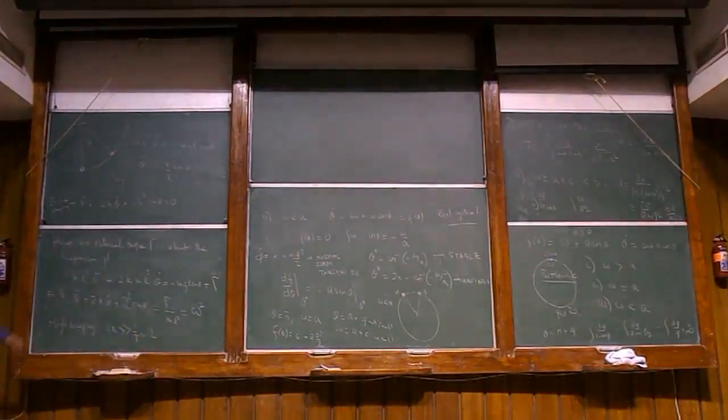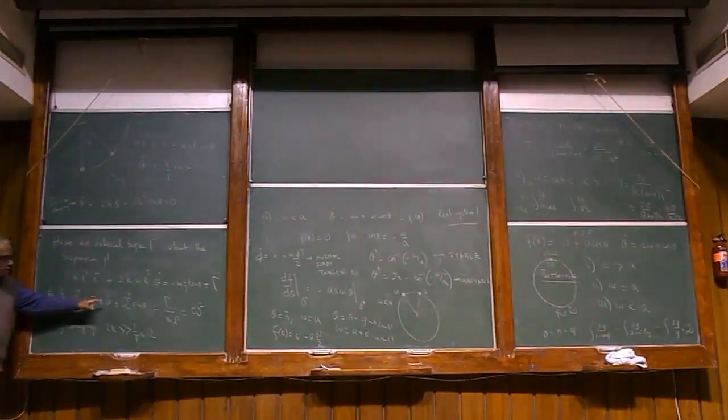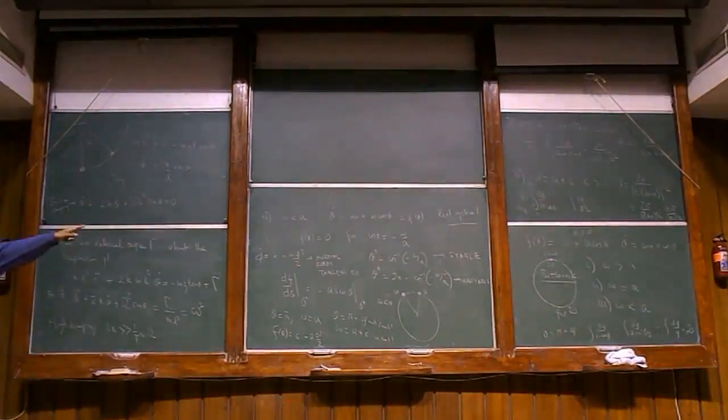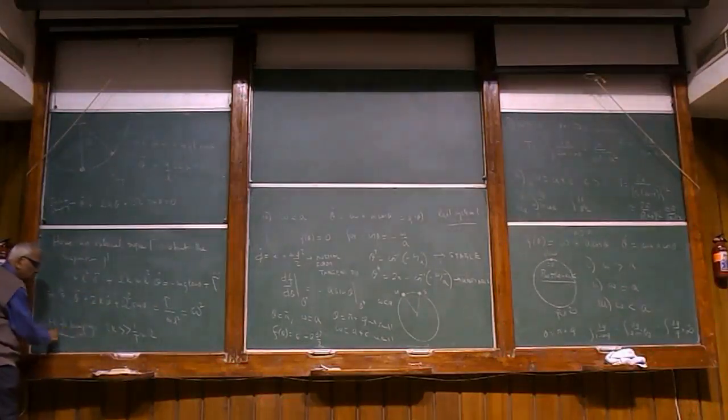So you want this damping 2k to be much greater than the natural frequency of the problem omega, in order that you can drop this term over here and reduce the dynamics to the kind that we have been talking about. So very high damping limit.